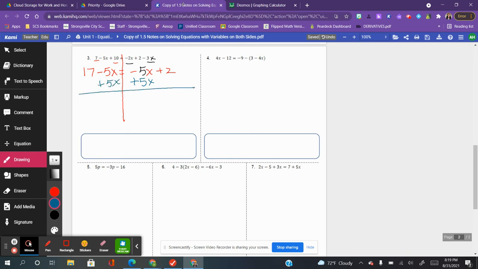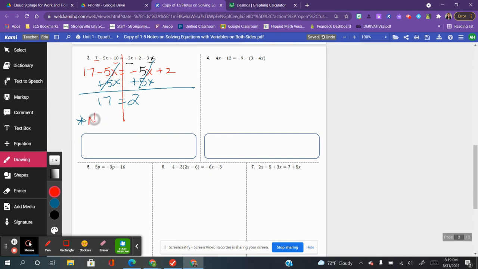When I do that, negative 5x plus 5x is 0. That variable term goes away and I'm left with 17. On this side, negative 5x plus 5x is also 0. So that variable term goes away and I'm left with 2. And here's the thing, okay?